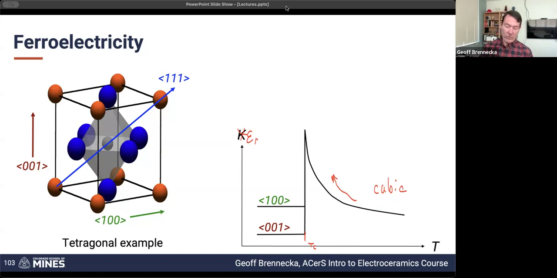So specifically, we're focusing on that center ion, the titanium in barium titanate. But really, it's a collective response of all of the ions.